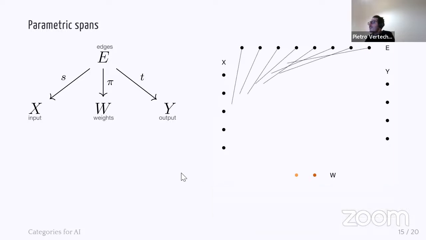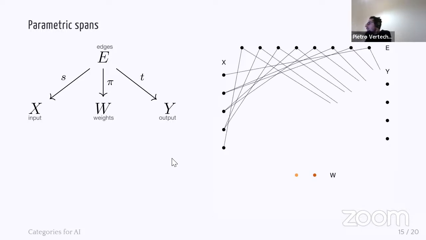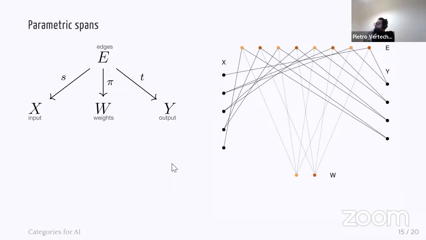Now, at the beginning, we define, of course, the source map from E to X and the target map from E to Y, and the pi map from E to W. And as soon as they connect, I can propagate the values of the weights all the way to E. And now when I update these values, as will happen during learning, they all update while staying locked in the E space.